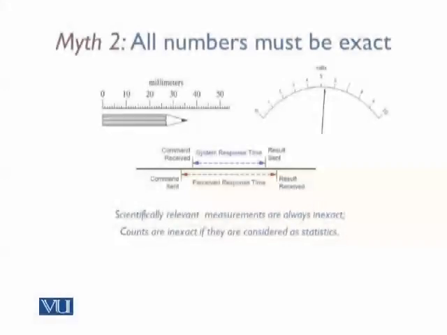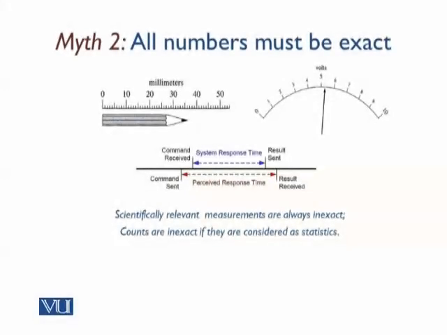So we can then dispel the myth that all measurements have to be exact. Already we know that all measurements are approximations. Some of them are better approximations because they measure at a finer grained level of precision. Some of them are not as precise, but all the same, all measurements are approximations at some scale or the other.